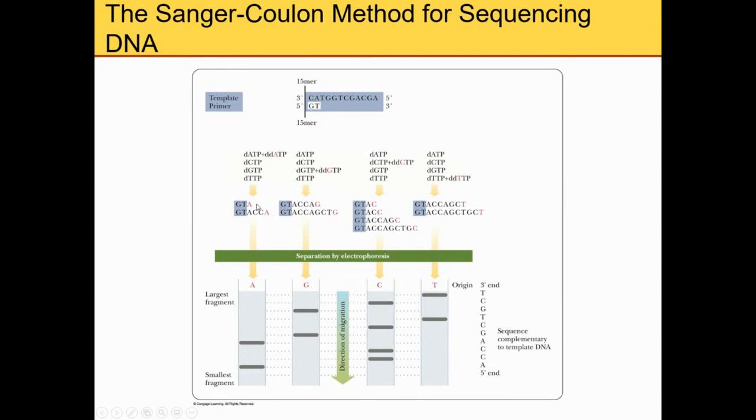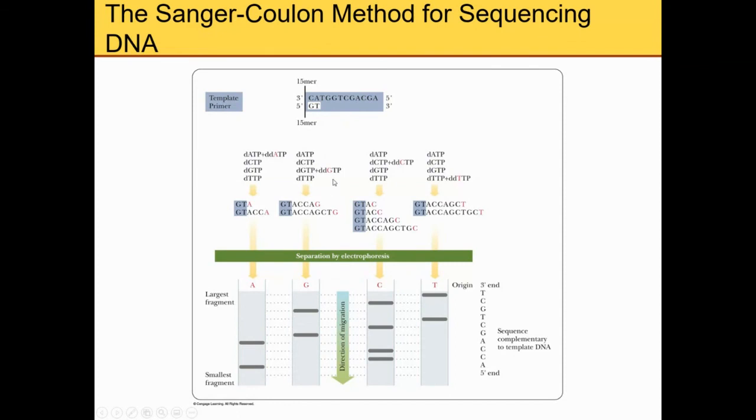No more DNA synthesis, and then after that you perform the electrophoresis. Then you can see the fragments, and you can determine the size of each fragment, and from the size of the fragment, you can interpret the sequence at that particular position. Every fragment you see in the presence of dideoxy ATP will indicate that nucleotide is A, all right.